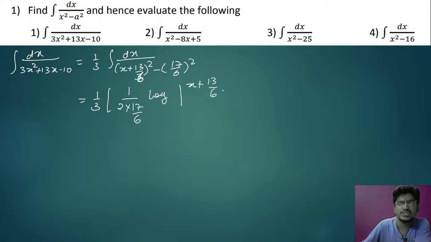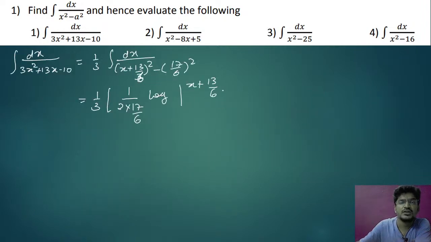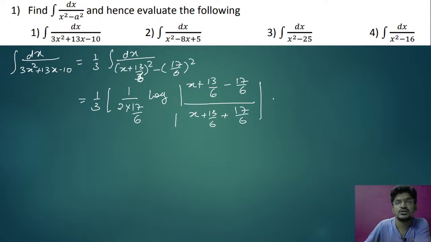So check your formula, x minus a. So write this x minus a, 17 by 6, divided by mod of x plus 13 by 6 plus 17 by 6 plus c. Clear?